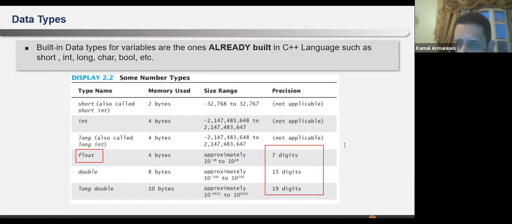What does it mean? If the data type is a float, you can have a number like this: 1, 2, 3, 4, 5, 6, 7. If you have a double, then 1.1 till 15 digits after the decimal point.